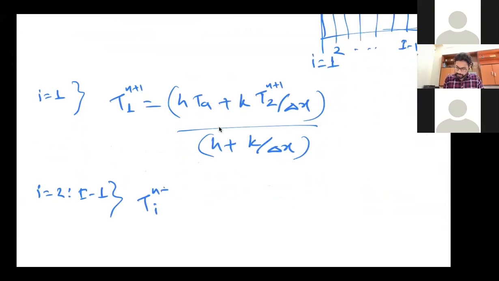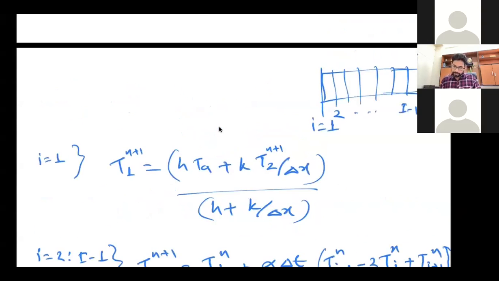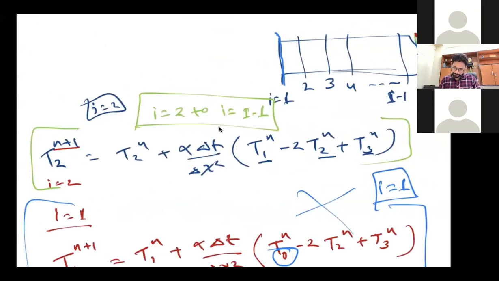So Ti n plus 1 is Ti n plus alpha delta t by delta x square, times Ti minus 1 n minus 2 Ti n plus Ti plus 1 n, right? If you remember, this is what we had got already. Let me show you once again. I think somewhere here, this equation, right?